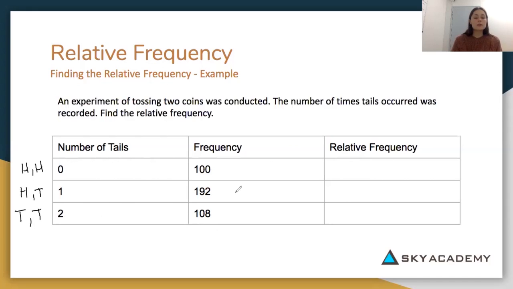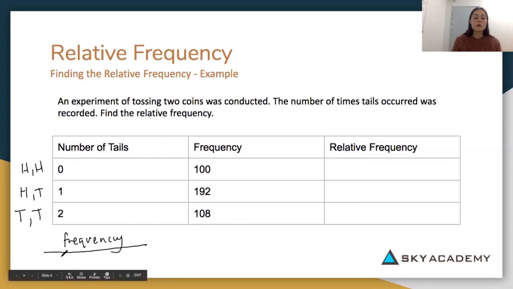So what we're going to do first is, if you remember, we have the frequency of an event divided by the total number of the frequencies. We've got the frequency here, we just don't have the total number. So we've got to figure out the total number of the frequencies.